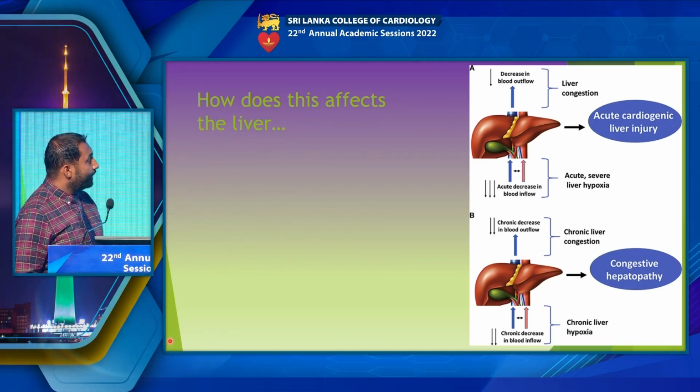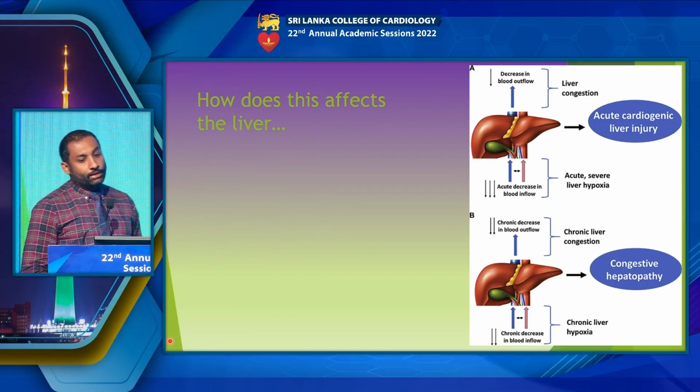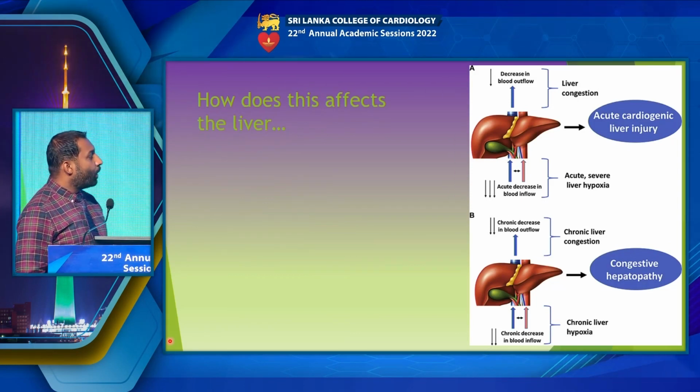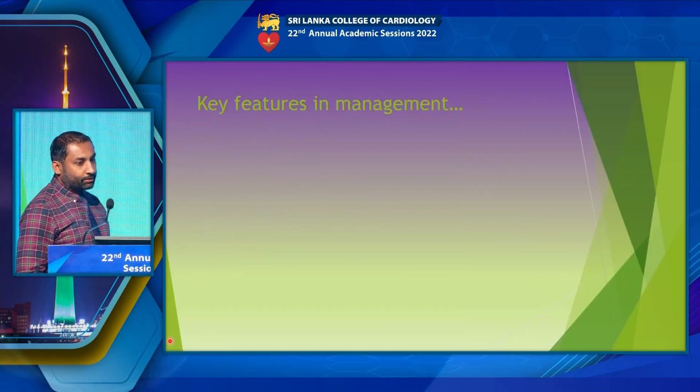At the same time, the blood can't leave the liver because the heart is not accepting the blood, so it results in either acute or chronic congestive hepatopathy. In acute heart failure, the liver can be damaged with ischemic hepatitis, and in long-standing chronic heart failure, it can result in congestive hepatopathy, which even leads to cardiac cirrhosis.